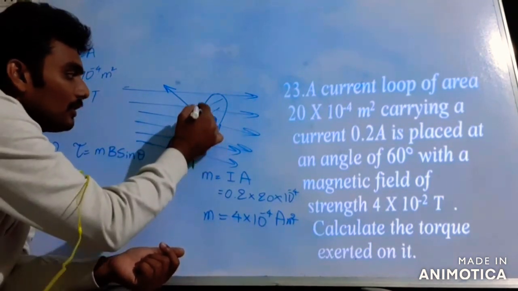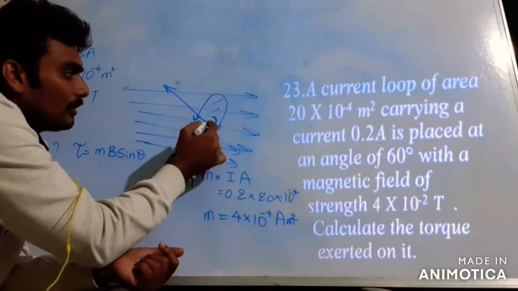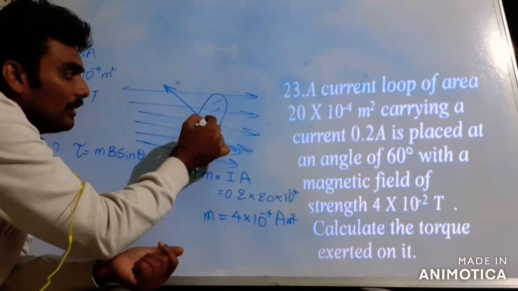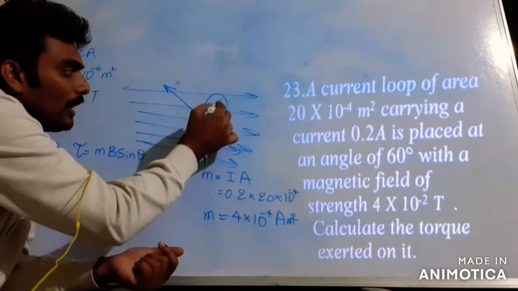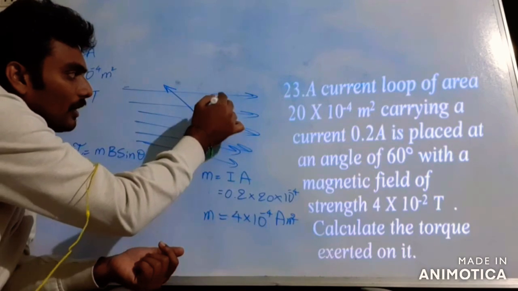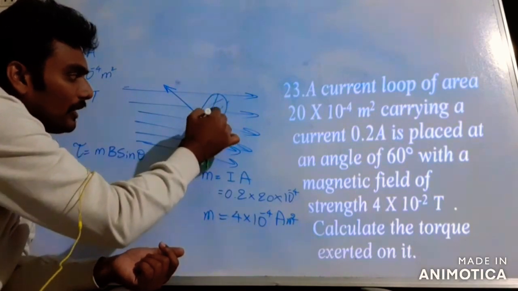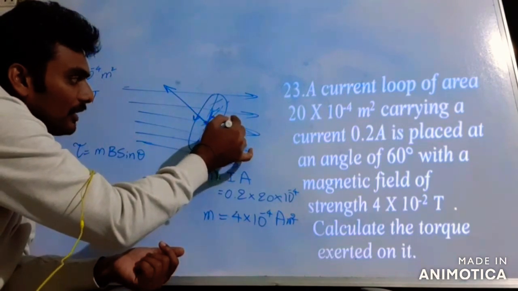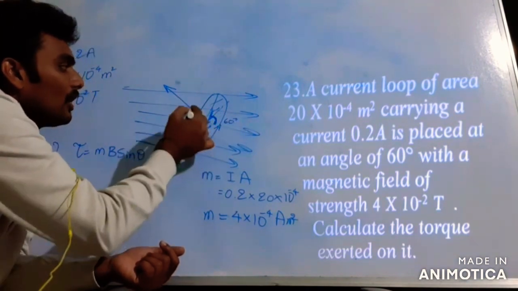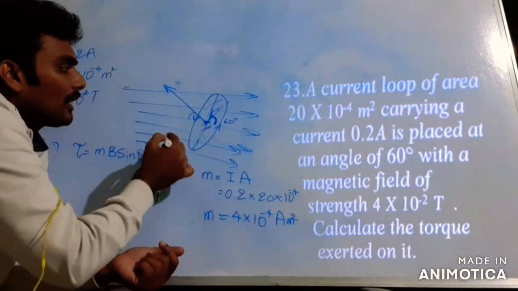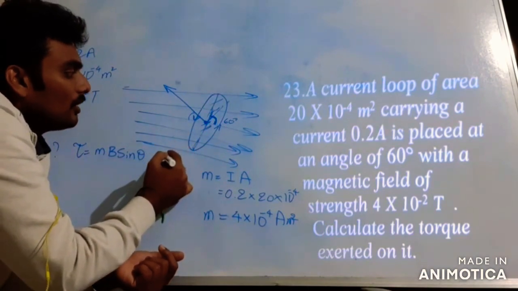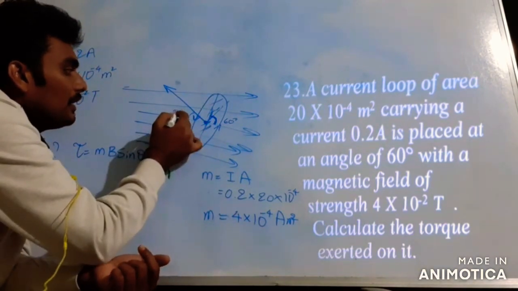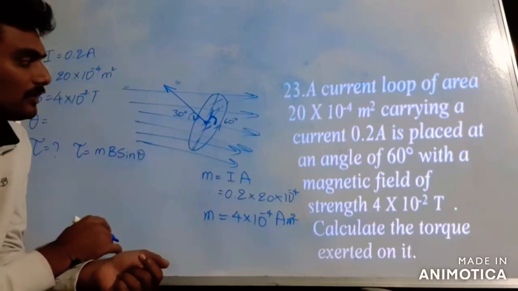Since the angle made by the plane with the magnetic field is 60 degree, this normal will make an angle of 30 degree with the magnetic field, right?